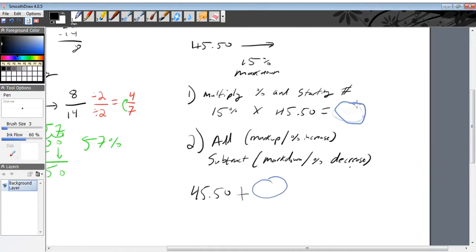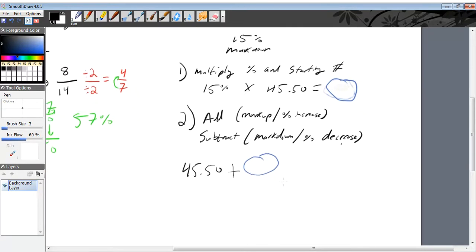So what's important to note is this blue circle, it's going to give us what 15% is of 45.5. Now, once we figure out what 15% is of 45.5, we're either going to add it for a markup or percent increase, or subtract it for a markdown or a percentage decrease.